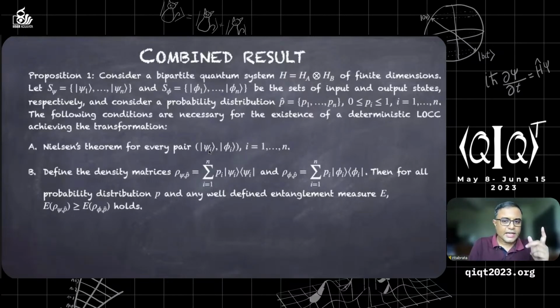Then what do we get? I get an input rho psi of p, and an output state rho phi of p. Okay, it's probability distribution dependent.